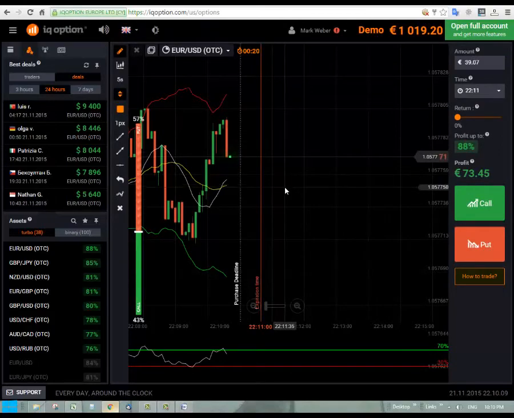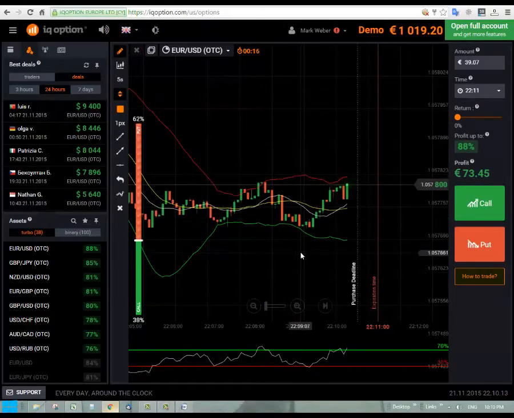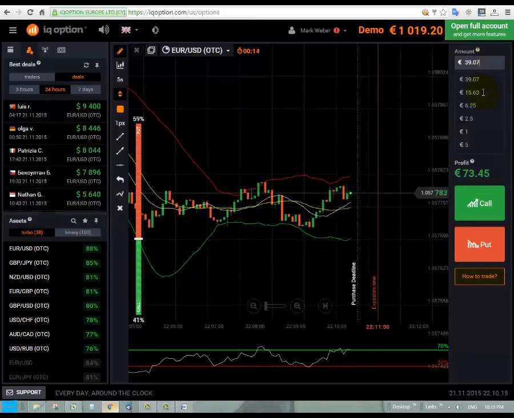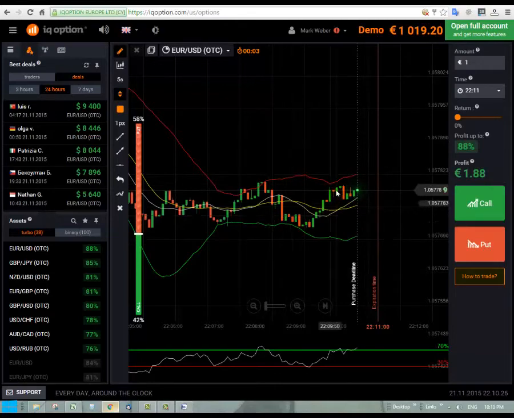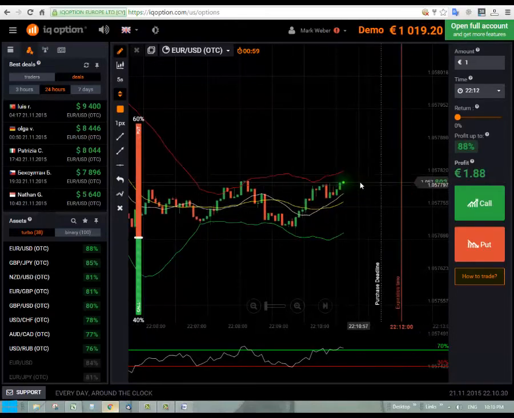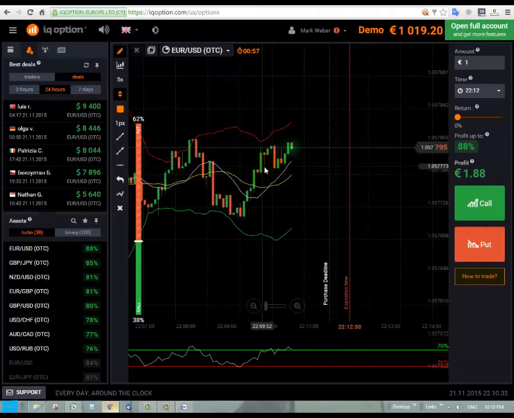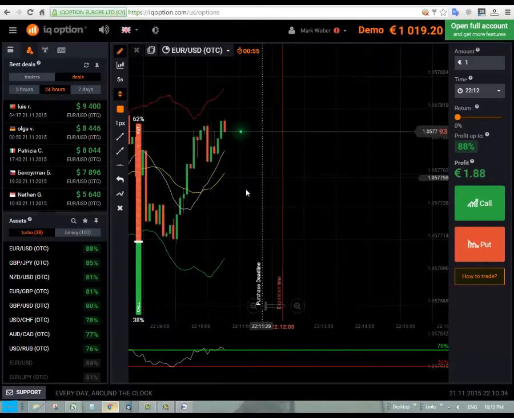Okay, that was a little bit anxious, but we will try one more time. We will set up for €1. You can see the channel is a little bit narrow now, which means that we will expect a movement, a big movement.